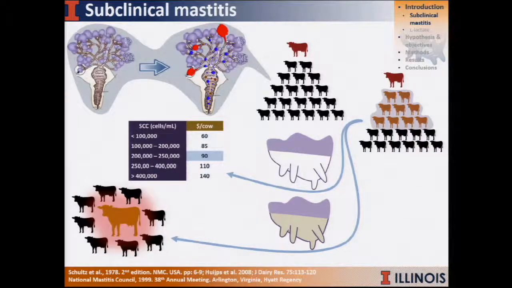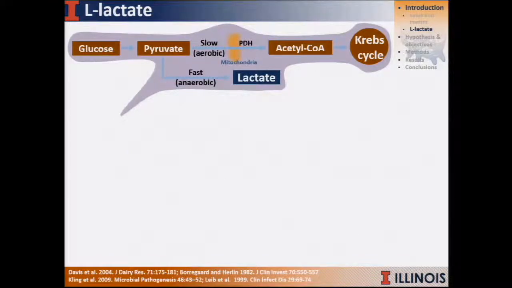As we mentioned, subclinical mastitis causes changes in around 20 components of the milk. One of these components is lactate. So what is lactate?